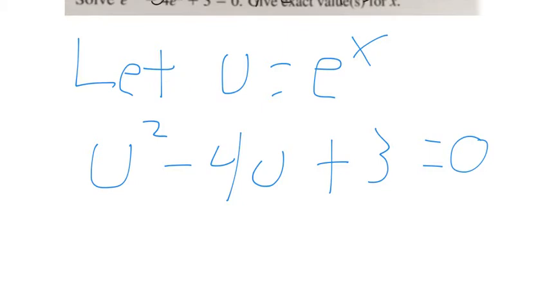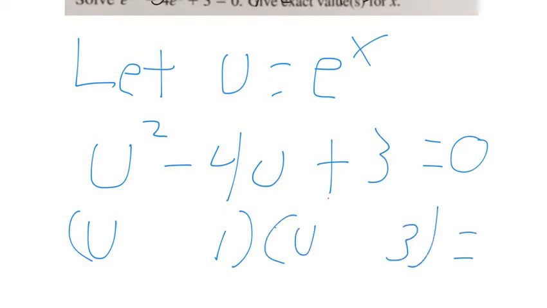So what we can do from here is factor it. Since the second sign is addition, we want the factors of 3 that add to give you 4. And of course, those would be 1 and 3, because those are the only factors. Since the second sign is addition, both factors are the same sign.